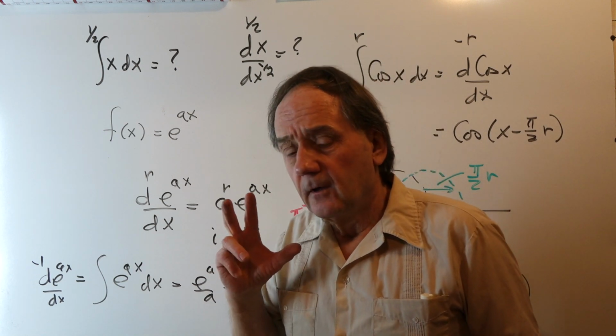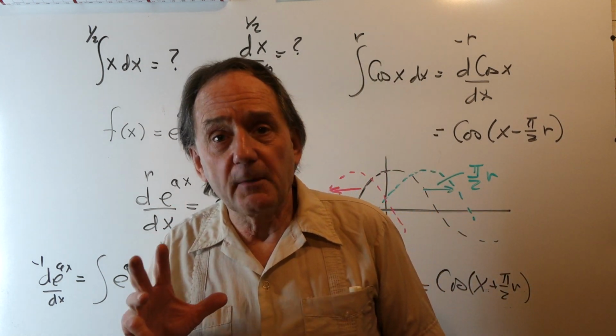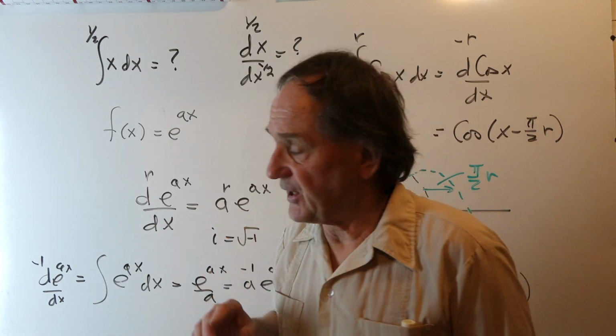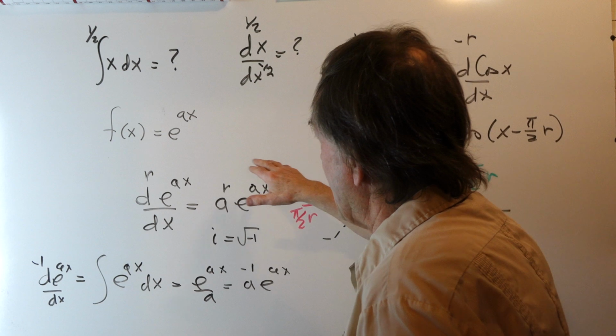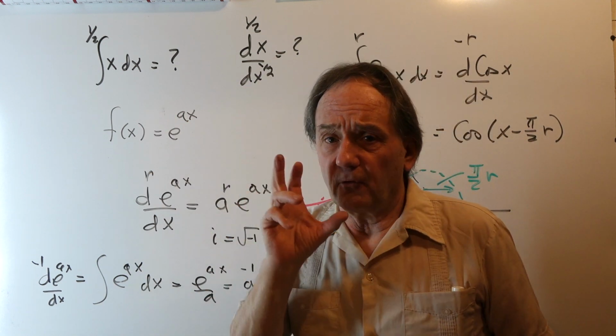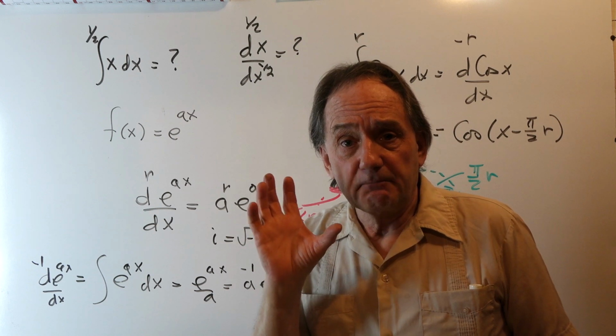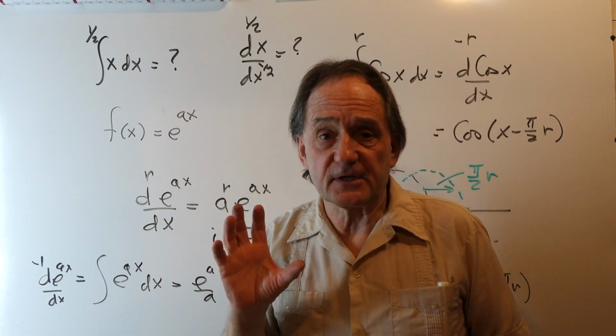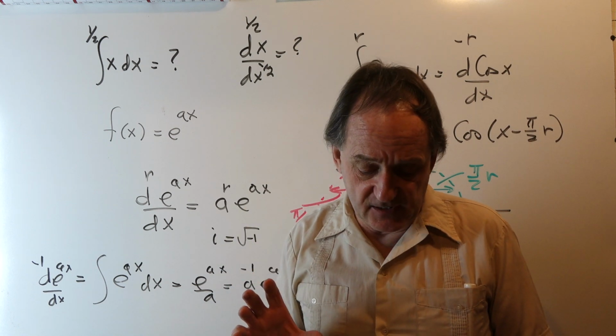Of course, you could find the Fourier representation of a polynomial, such as f of x equals x, over some finite interval. You'd have to pick a finite interval in order to get a Fourier series representation of it.